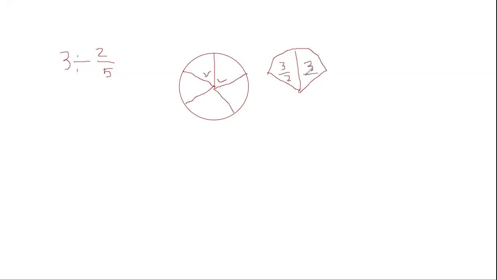So what we have done so far is we have done this. This is what we have done. And we already know this is equal to, because we have already seen whole number by whole number.